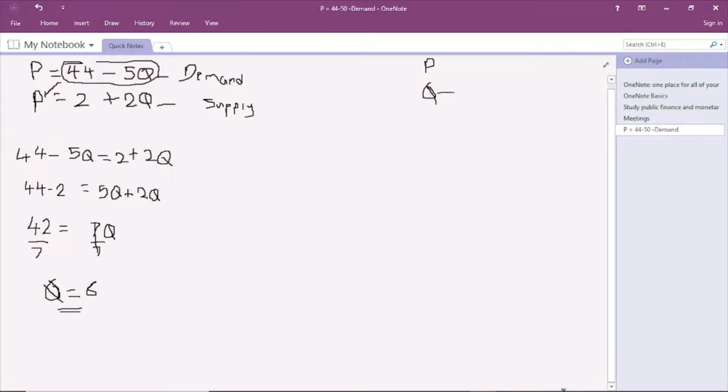Your quantity is 6. Now you want to find the price at this same quantity 6. Since we have our quantity 6, you can get either the supply equation or the demand equation, and then you just plug the 6 into any one of these equations. So let me just get the supply equation.